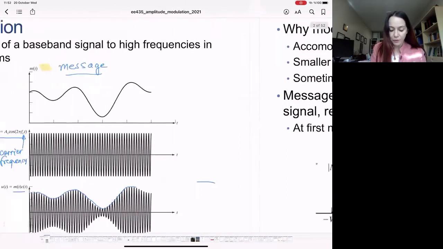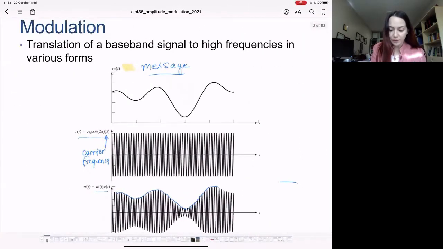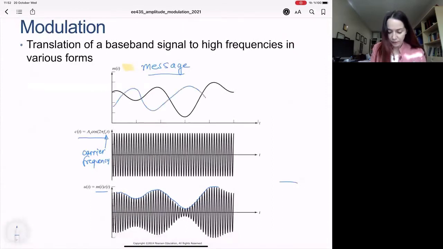You have an M of t here. If you had another signal, suppose this is N of t, this is another message. If you wanted to transmit them at the same time, you cannot simply add them, right? Because they would get confused with each other. When you add them, there would be loss of information.